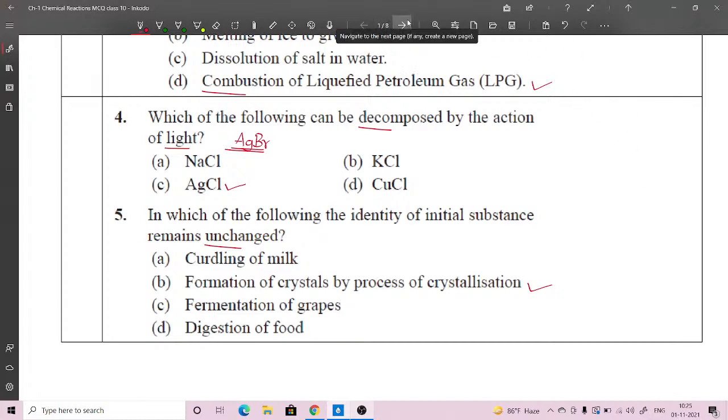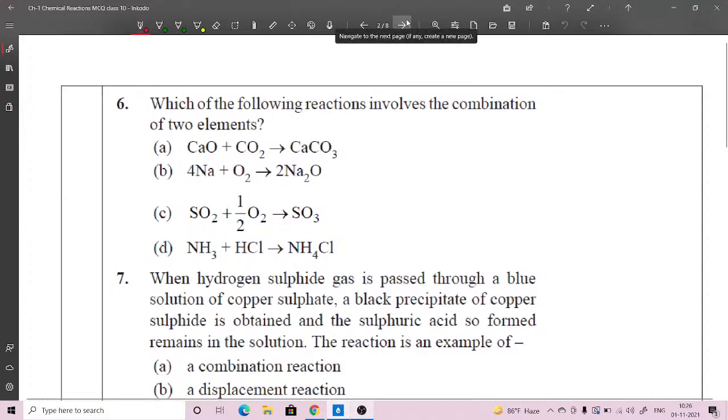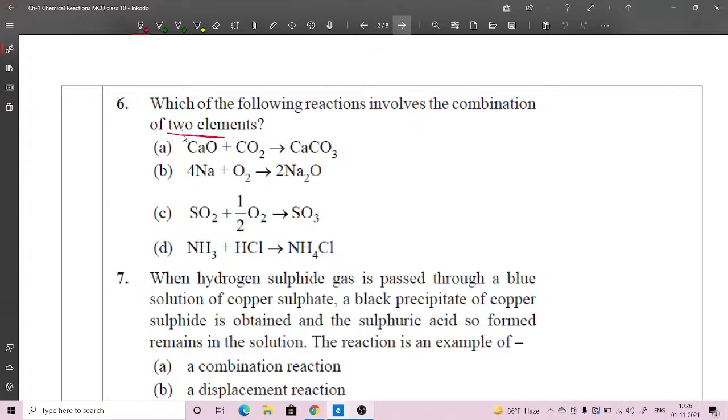Okay, let us move on to the next question. Question number 6. Which of the following reactions involves the combination of two elements? A, calcium oxide plus carbon dioxide gives calcium carbonate. B, sodium plus oxygen gives sodium oxide, Na2O.